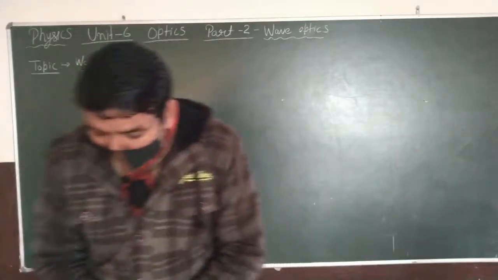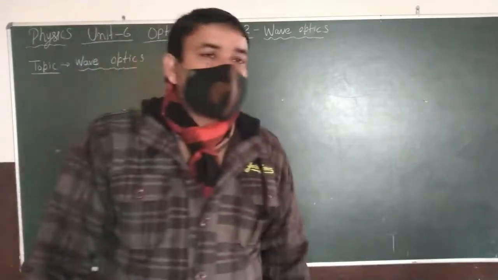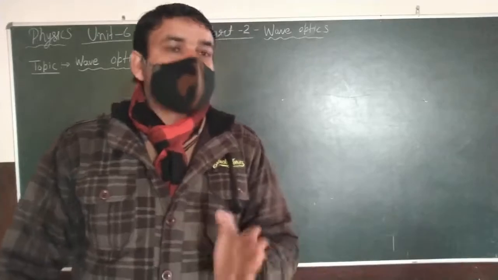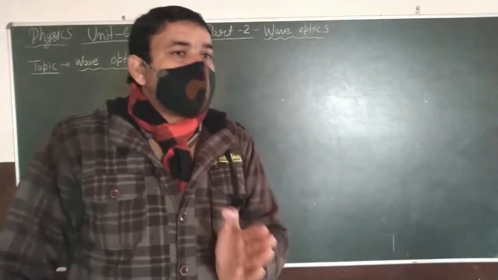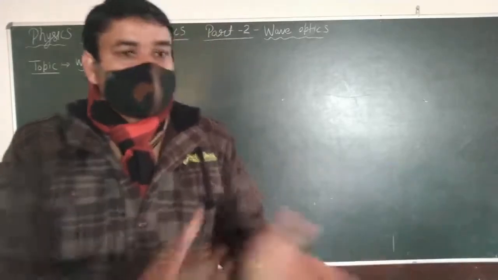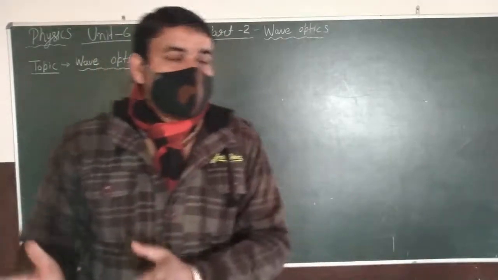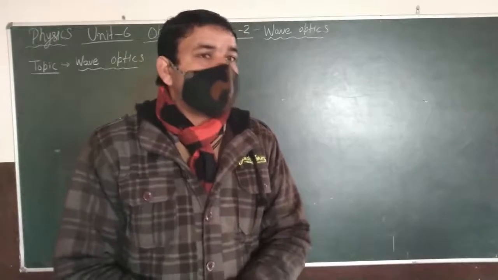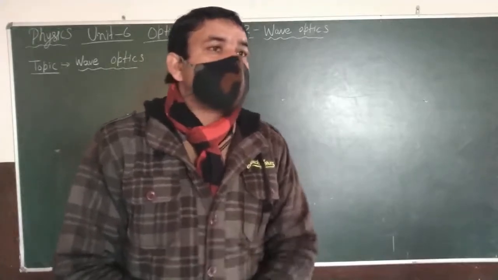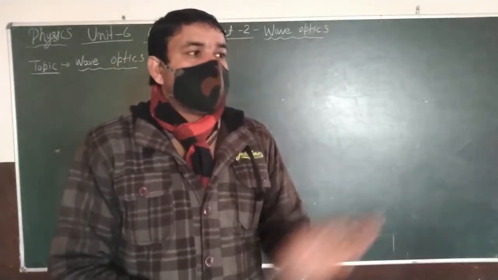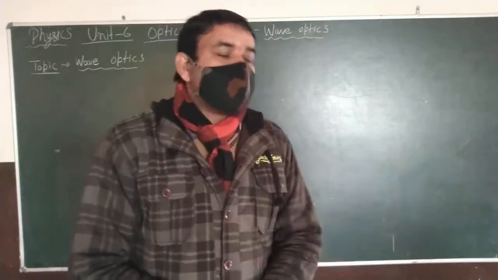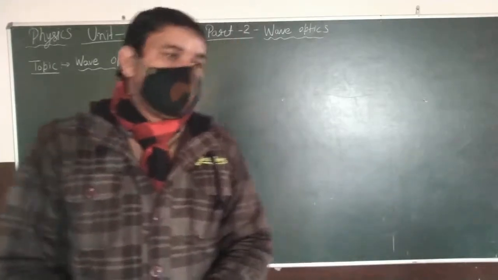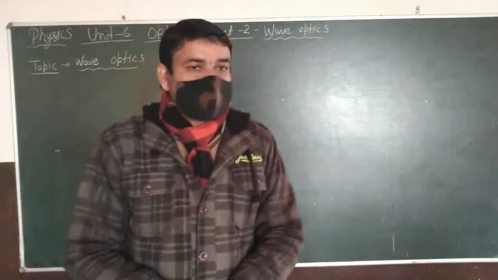So this theory has some limitations, and it cannot explain phenomena like interference, diffraction, and polarization of light. But on the basis of this corpuscular theory, Newton explained the reflection and refraction phenomena of light.